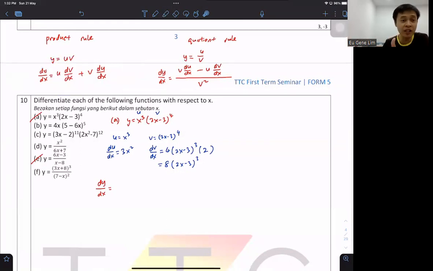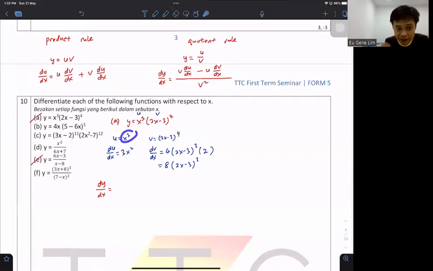I just follow the formula, understand? You see, formula is u dv/dx. u is this one, dv/dx is this one. So you just copy x cubed, bracket 8, bracket (2x minus 3) power 3.